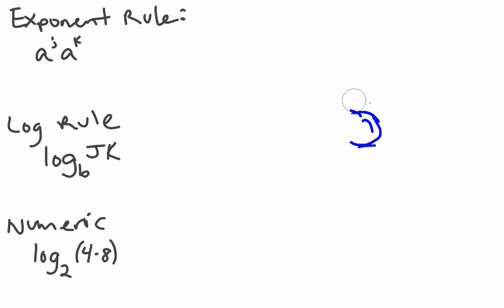All right. Let me finish erasing. So we'll look at the first one. Our exponent rule is that when you multiply the same base, you can add the exponents. So if I have a to the j times a to the k, it would be a to the j plus k. We go in reverse for the log rule.